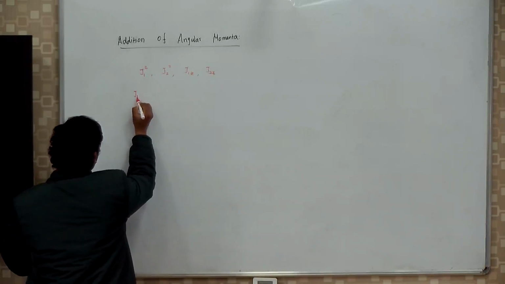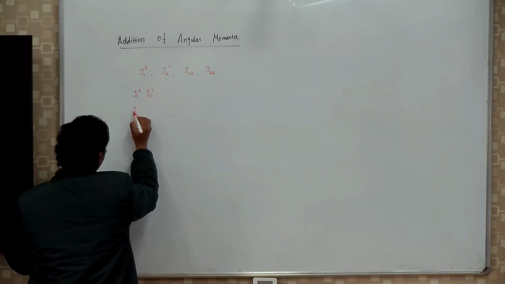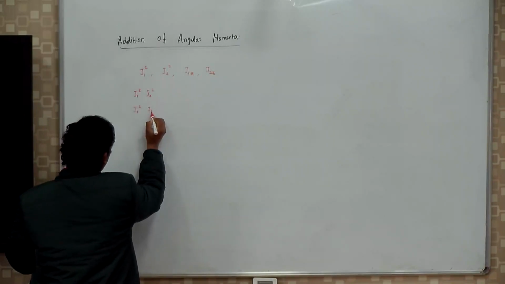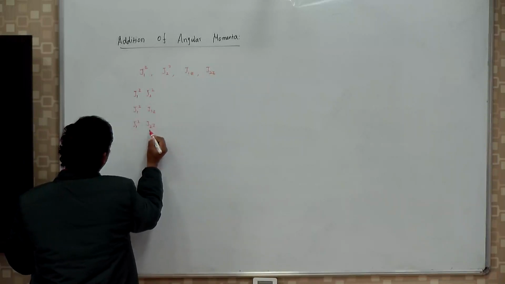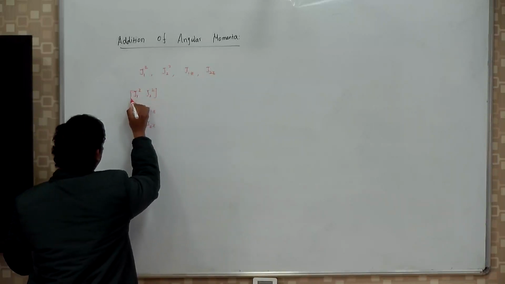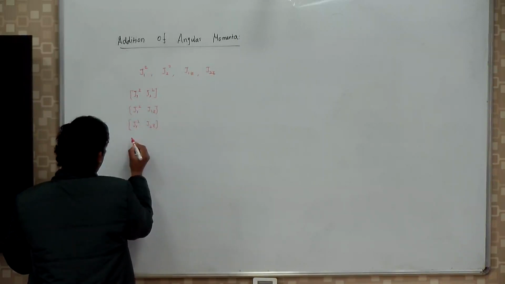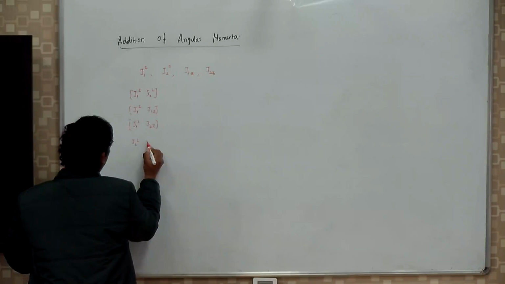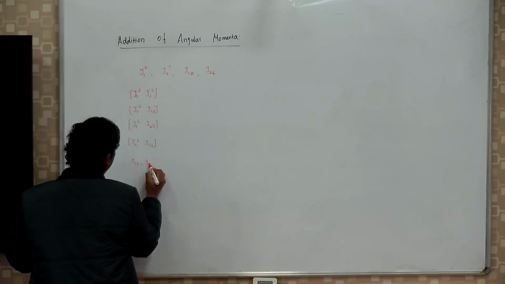For example, J1 squared commutes with J2 squared, J1 squared commutes with J1Z, J1 squared commutes with J2Z, J2 squared commutes with J1Z, and J1Z commutes with J2Z.